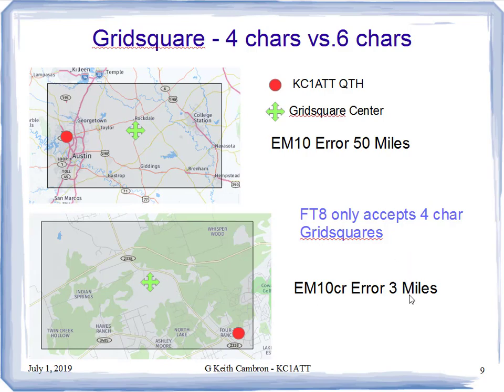So there's an order of magnitude improvement if I can get 3-pair or 6-character grid square information in my log file. Note that FT8, which is a very popular mode, only provides 4-character or 2-pair information. So what we want to do is find a way to get from 4 characters to 6 characters. And I'm going to show you how to do that.